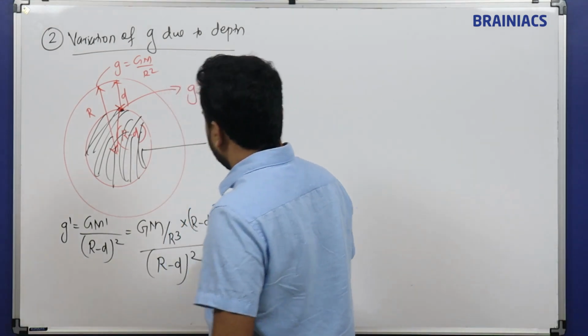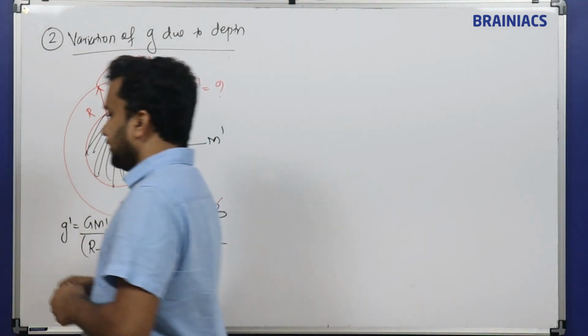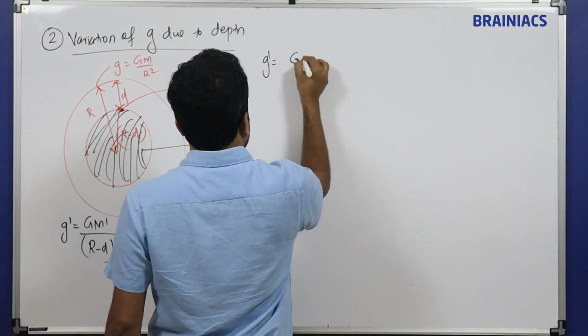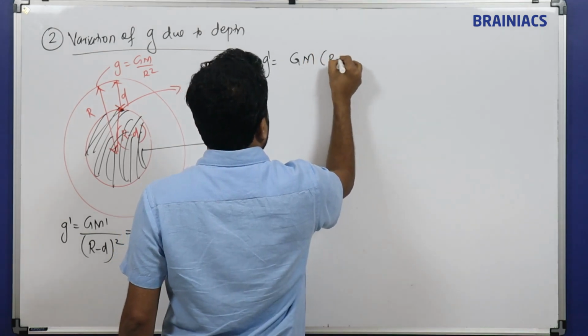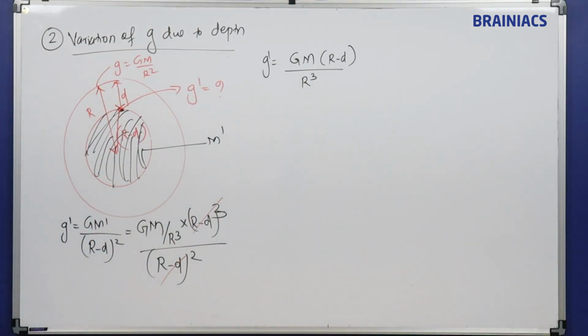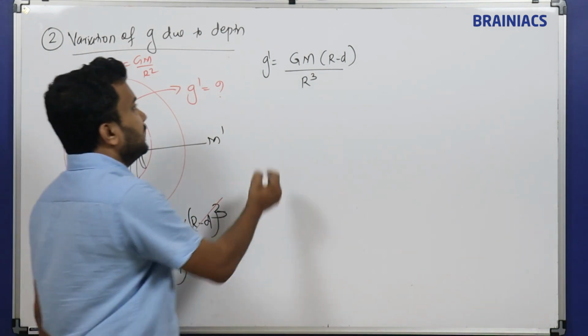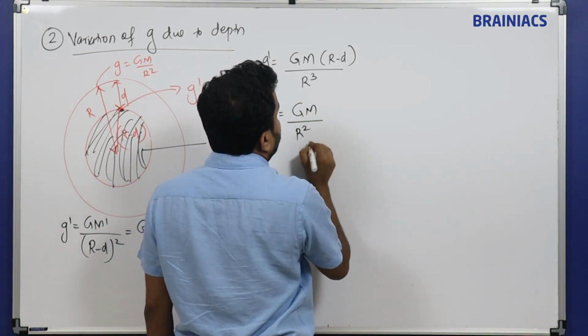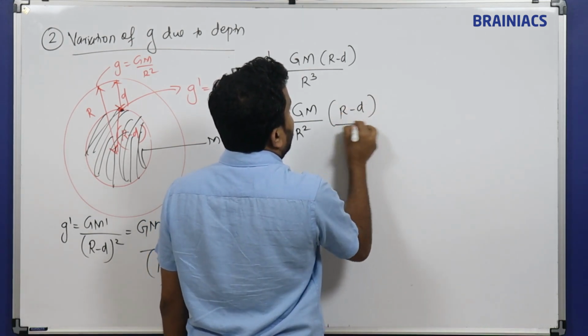Okay, so let's simplify. R minus d cancels out. So what is coming for us? Now g dash will be equal to GM into r minus d divided by r cube. This can be written as GM divided by r square into r minus d divided by r.